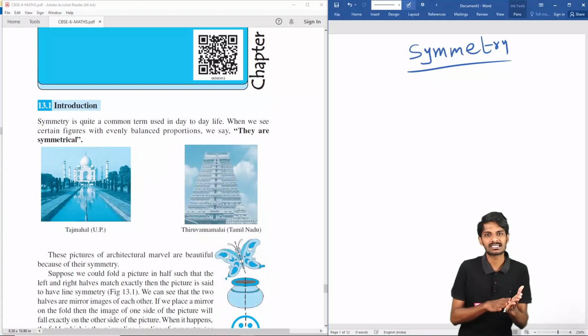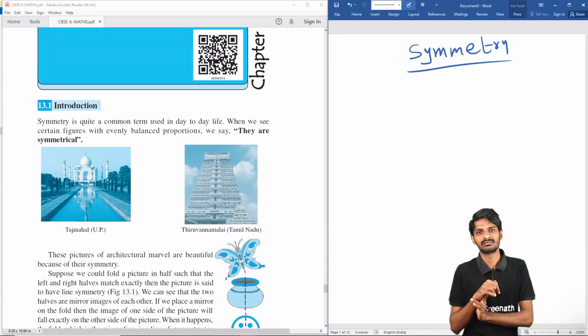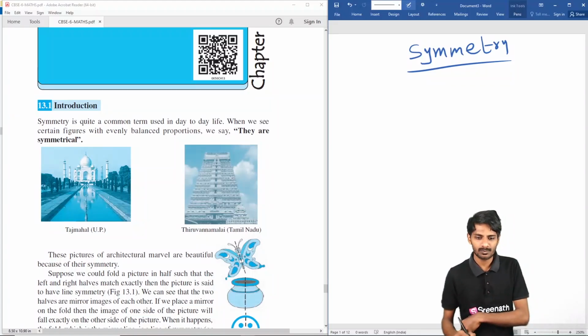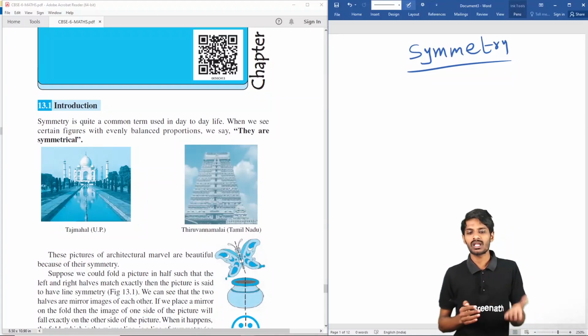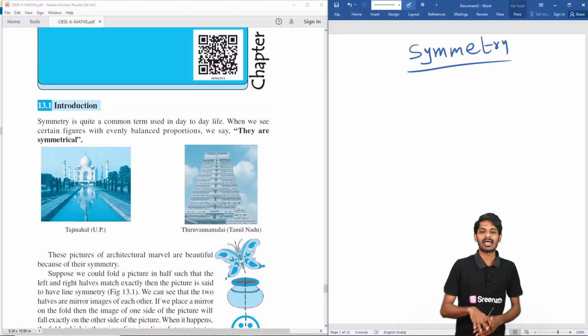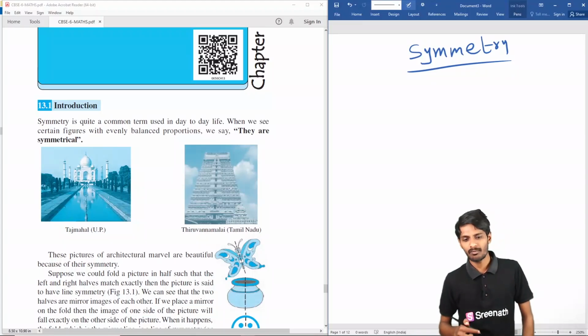One half is exactly the other half. Try the same with this photo. The same thing happens. One half of the picture is the same as the other half, friends. You will surely observe that. So these are two symmetrical objects.